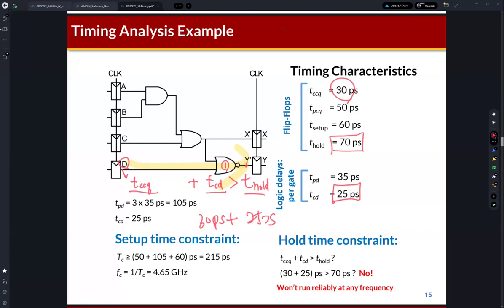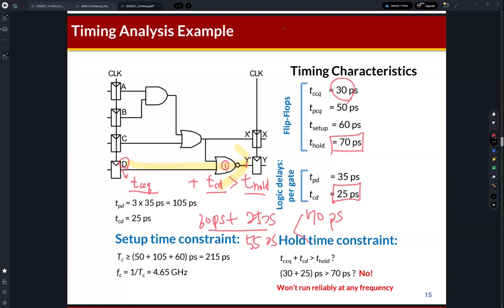Hold time is 70 picoseconds. So this is 55, which is actually less than 70 picoseconds. What does that mean? This circuit violates the hold time constraint, so it is an unstable system.